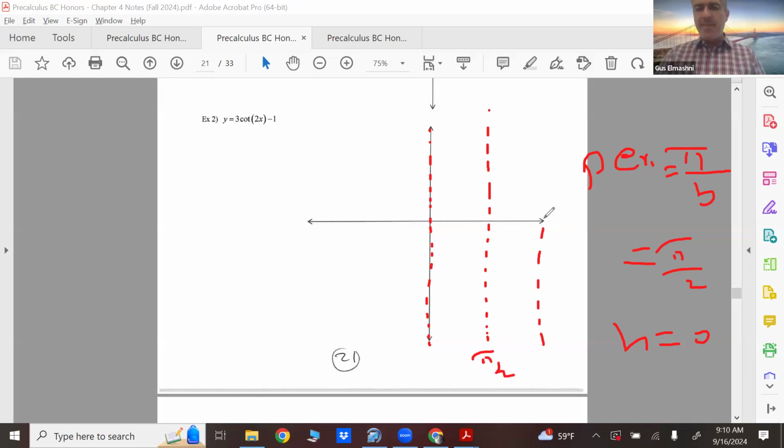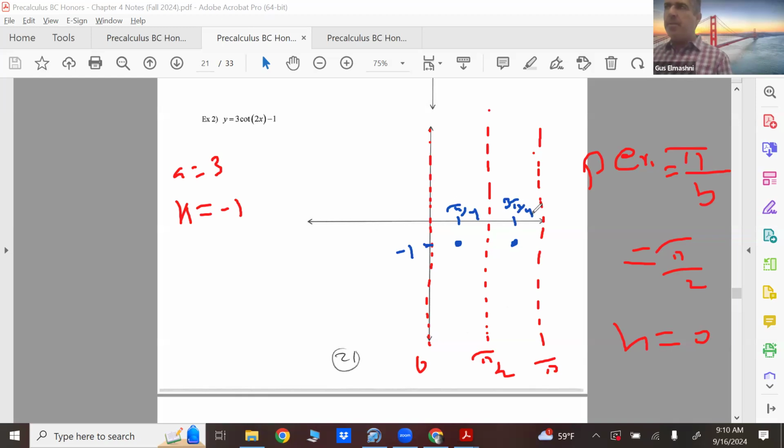It's not going to look different than the parent function so much visually, but the scale will be different, right? And then what's my a value? And what's my vertical shift? So I'm going to start it here, and that's at pi over 4, right? And 3 pi over 4.